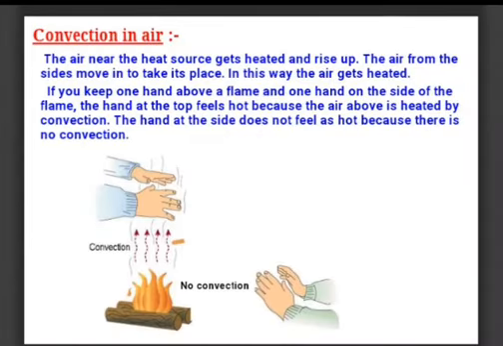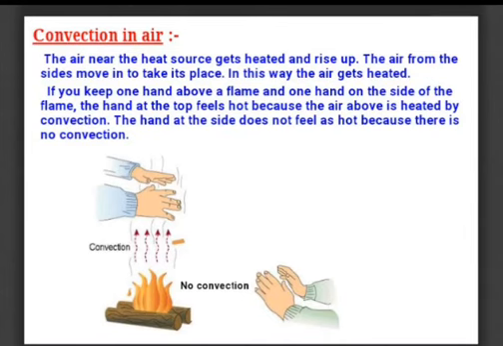Convection in air. The air near the heat source gets heated up and rises up. The air from the sides moves in to take its place. In this way, the air gets heated.